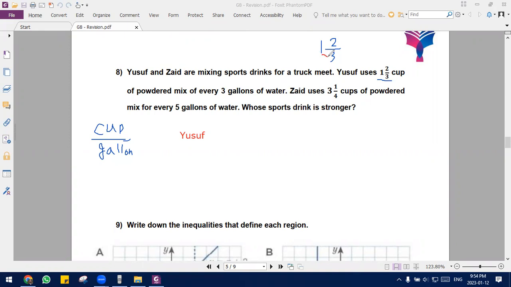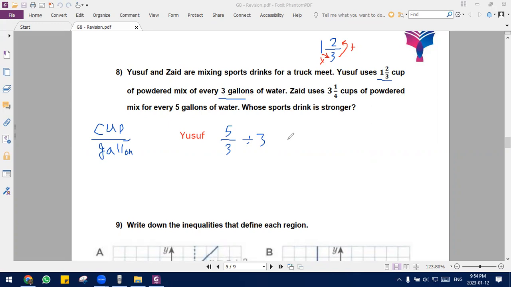We multiply 1 by the denominator 3, and then we add what we get to the numerator. So first you multiply and then you add. So 1 times 3 is 3, and then plus 2 will give me 5. So it's 5 over 3. And then we need to divide it by how many gallons of water he used. It's 3. So divided by 3.